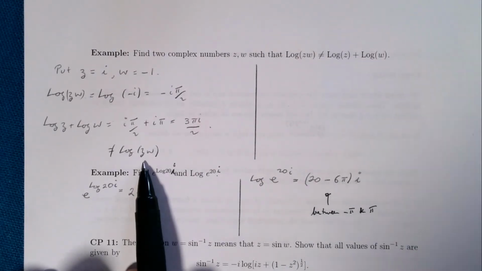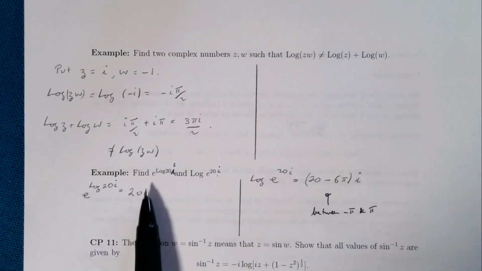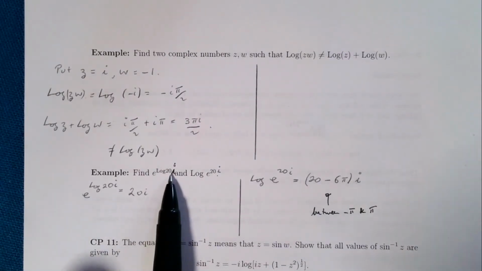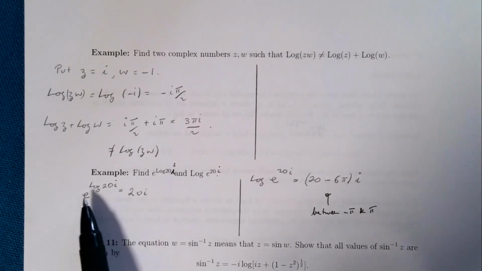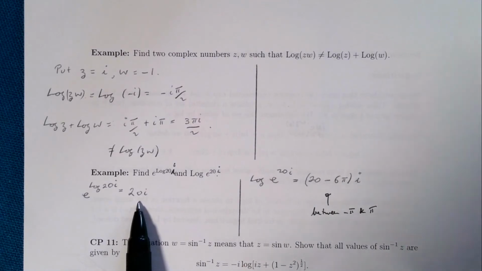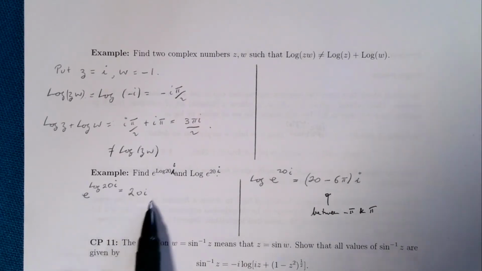So one has to be very careful dealing with the principal log. The rules of the game are not the same as they are in the real world. Also, if I want to find e to the log of 20i, well, what would you expect it to be? e to the log of 20i, you'd expect it to be 20i, and if you go back to the definition, that's exactly what it is.